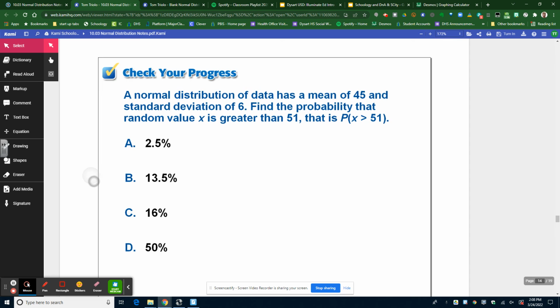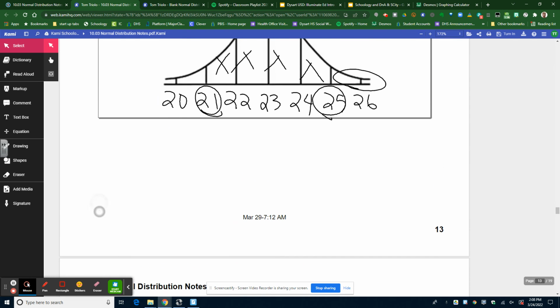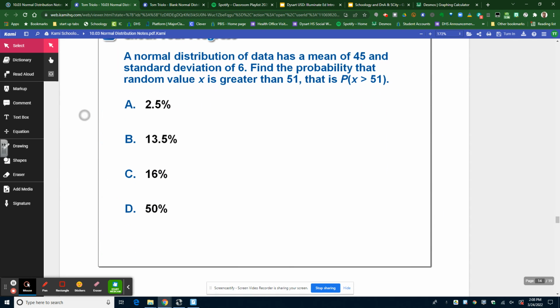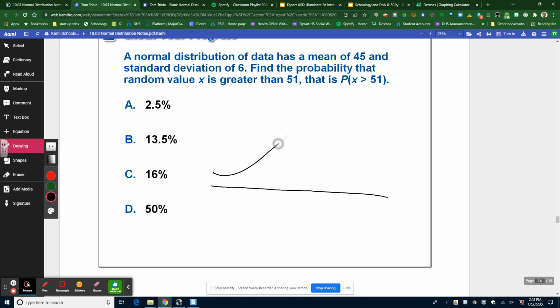So greater than 51. So I come back up here. Oh, that's a different problem. Okay. So mean of 45, standard deviation of 6. So let's just make a super rough sketch here. Here's my normal distribution. So I start at 45 and I go to 6.